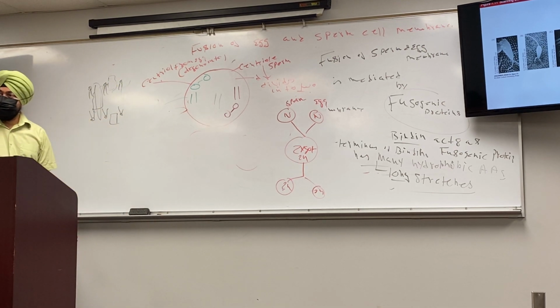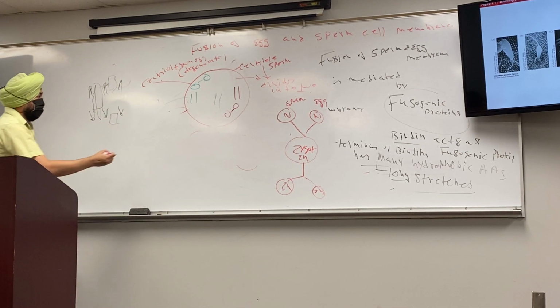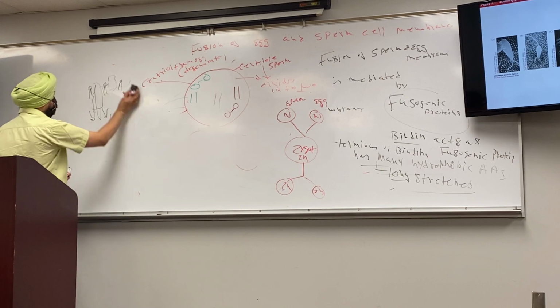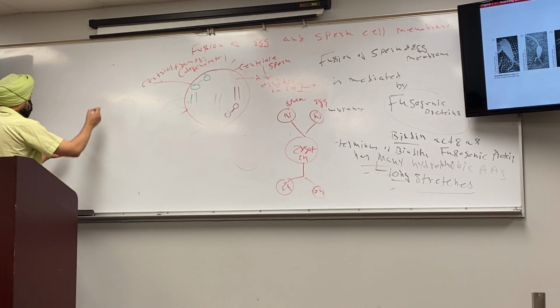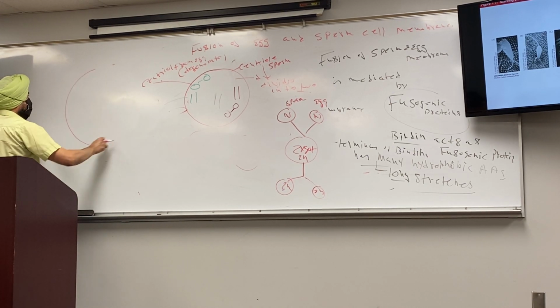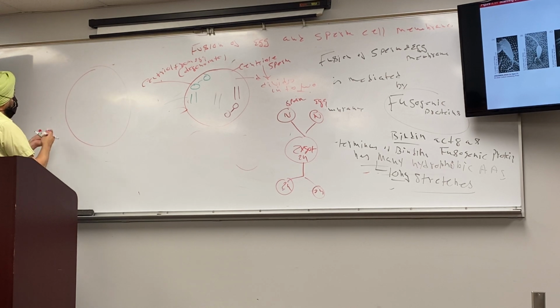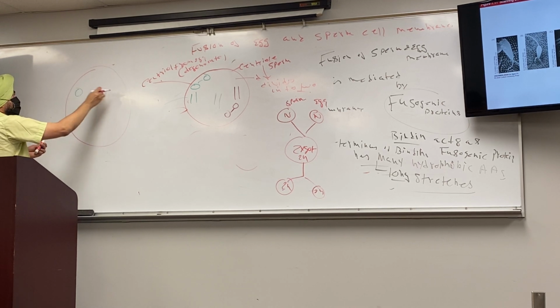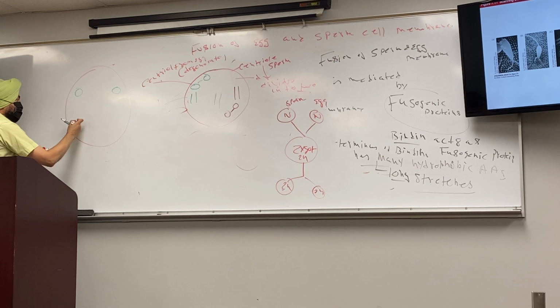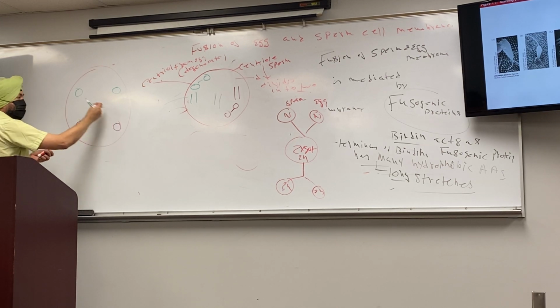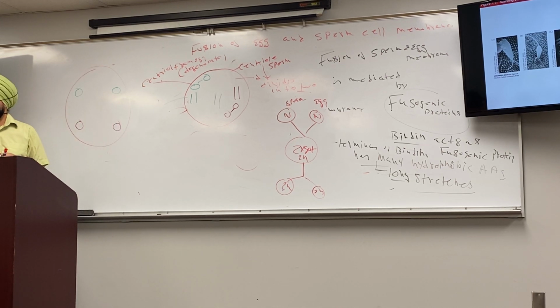So this is 1 cell, and in this cell you are going to have one centriole here, one centriole here, one centriole here, one centriole here. Okay? Now there are 6 chromosomes there.